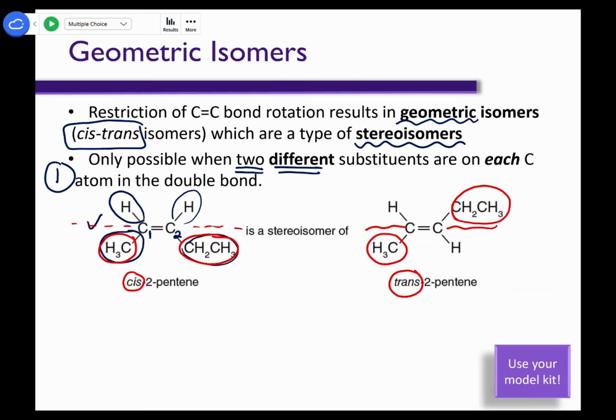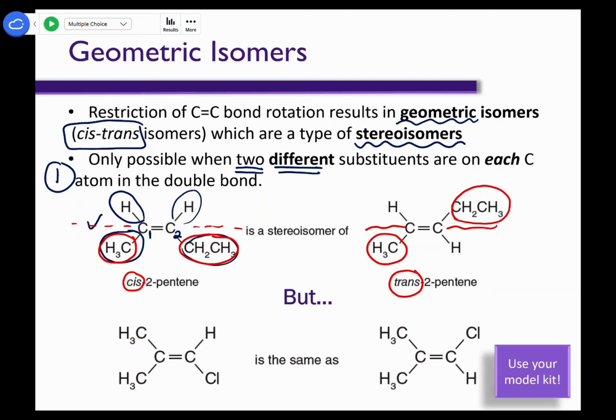These two molecules are isomers, but the molecules below now on the screen are not isomers. On the left, we're going to go ahead and build that molecule. So use the same colored balls for the two methyl groups and a different colored ball for the chlorine.